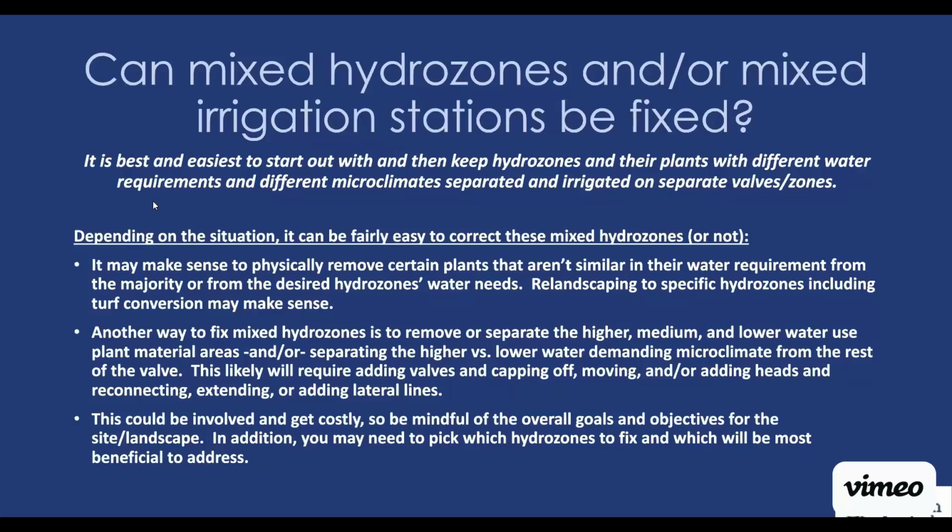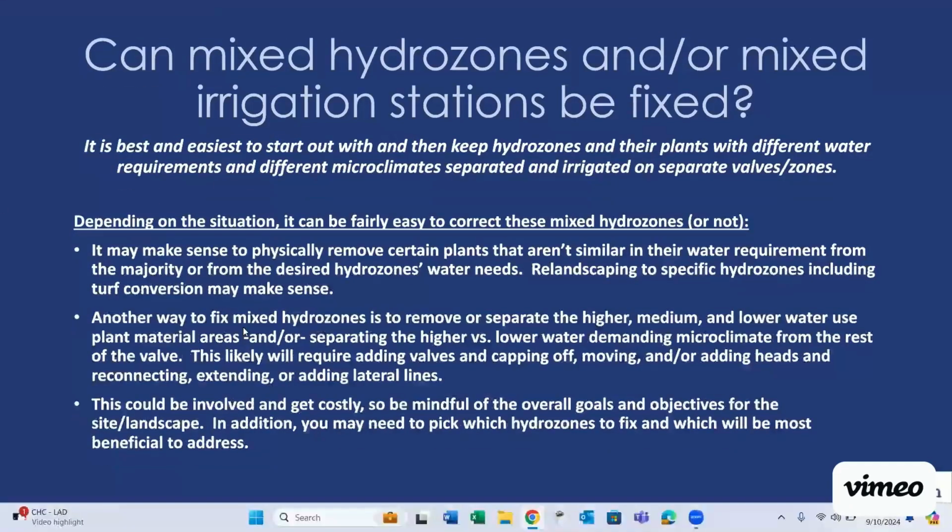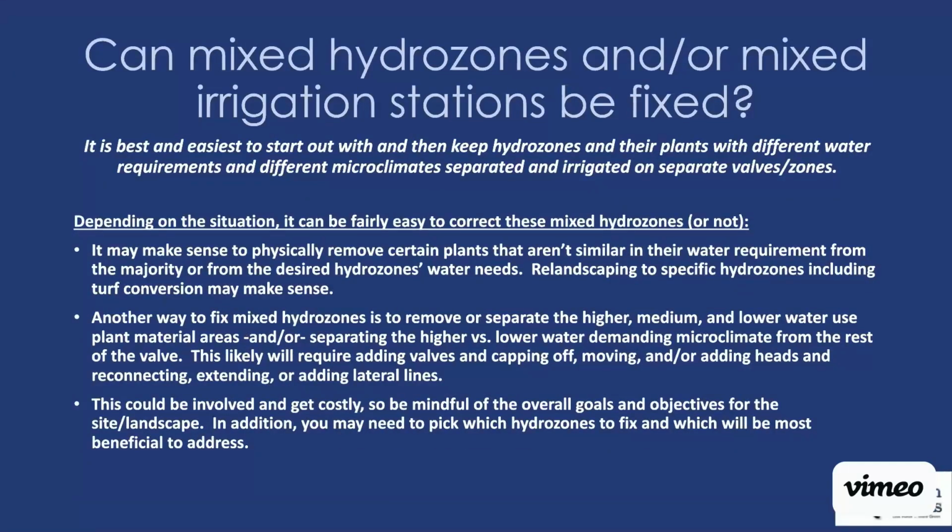Again, I'm not going to stick too long on these, we kind of talked about a lot of that, but it depends on the situation. There's a lot of easy fixes that can be made that are pretty cost effective to do. And each site's different.